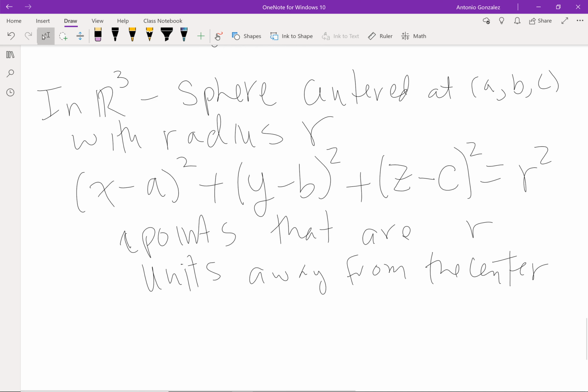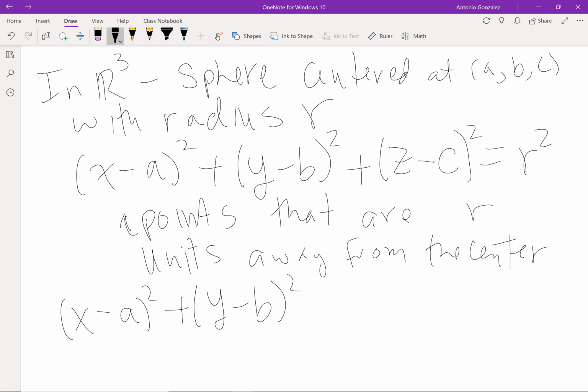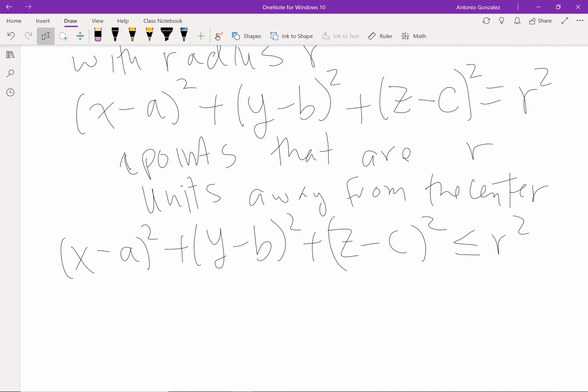Now, if I change, let's say here, (x minus a) squared plus the rest to an inequality, less than or equal to r squared, then what we have here is a ball. All right.